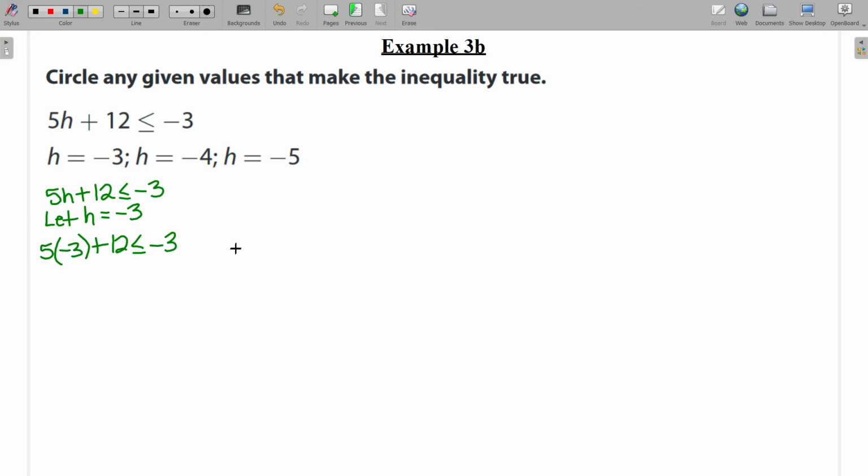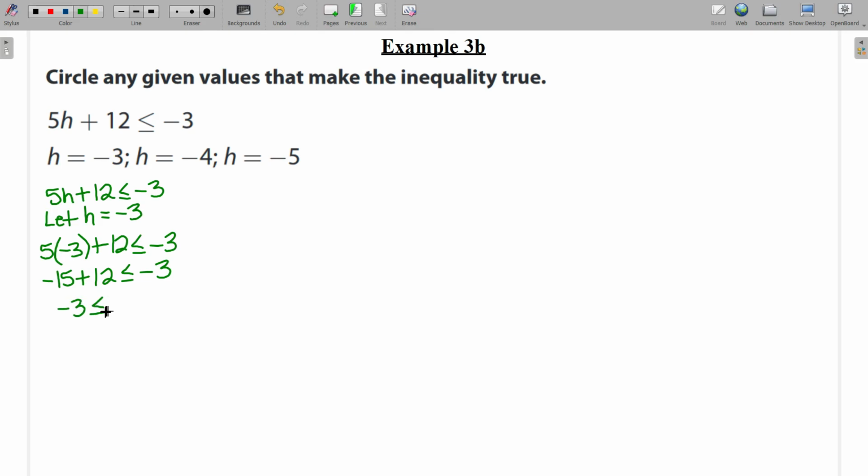Now just like what we did in example 3a, we're going to solve each side of our inequality independently of the other one. So I'm going to take 5 times negative 3, that's going to give me negative 15 plus 12 less than or equal to negative 3. Now when I combine negative 15 with a positive 12, that is going to give me a negative 3.